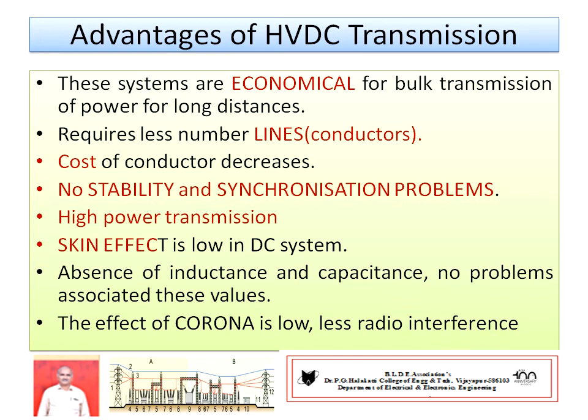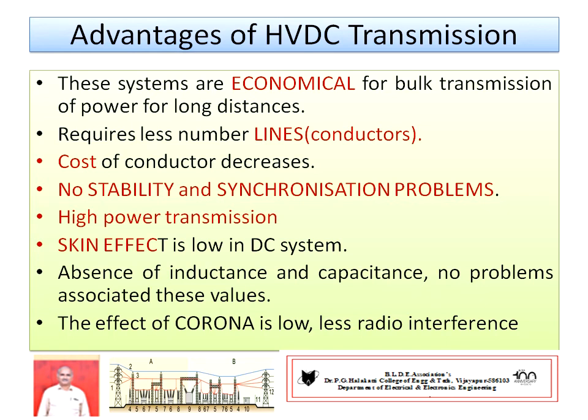Very important is the absence of inductance and capacitance associated with the transmission line. There is no inductance and capacitance in DC lines, so the problems associated with them, the inductive drop and capacitive drop, are also absent.